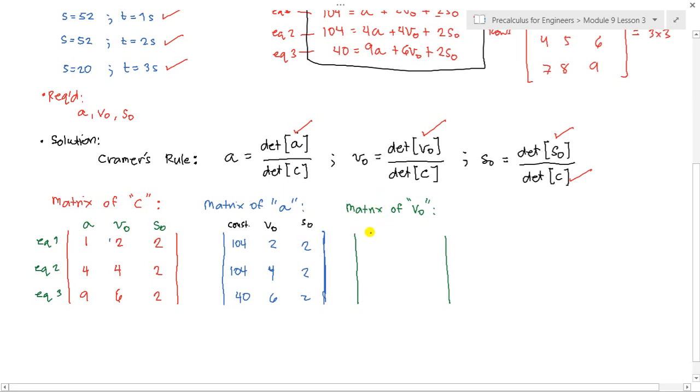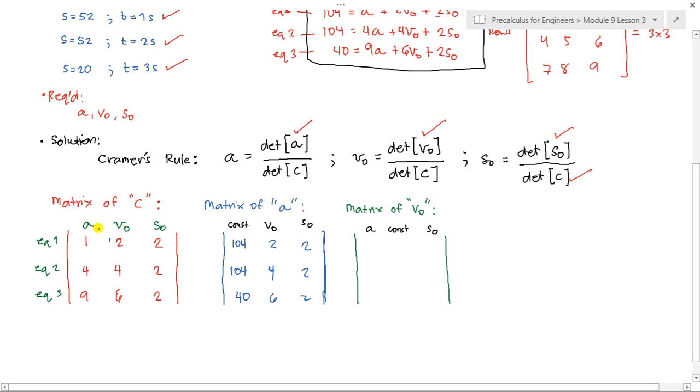For matrix V naught, unsa may atong first column? Okay, A gihapon. For the second, constant na. Di ba? Sakto ba? Constant. And then, I'm going to put here S naught. So, nakuha rin yung pattern.